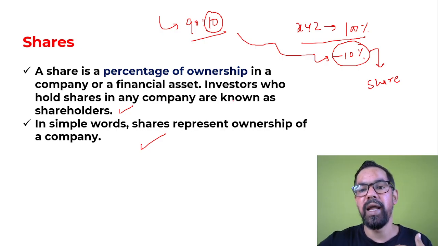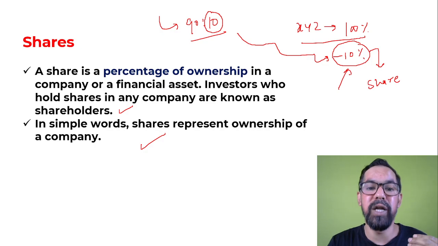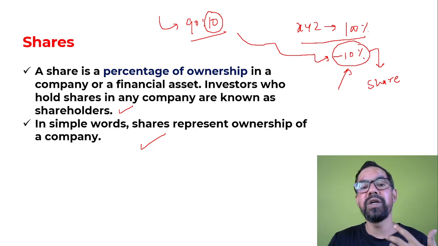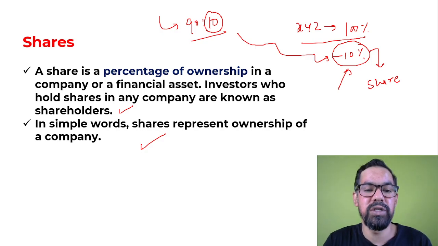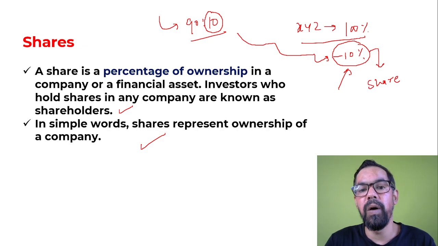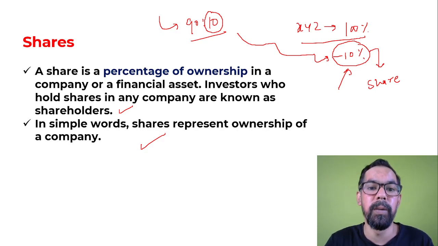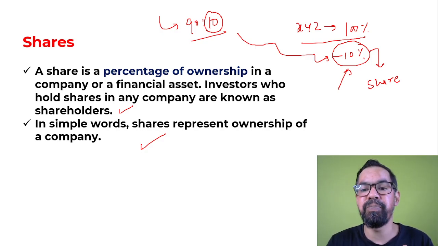Those who buy this 10% of shares become owners of that company. This ownership type is indirect ownership. Why is it called indirect ownership? Because decision making and price determination remain with the stakeholders or the promoters of that company.